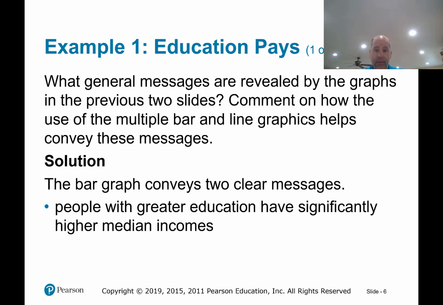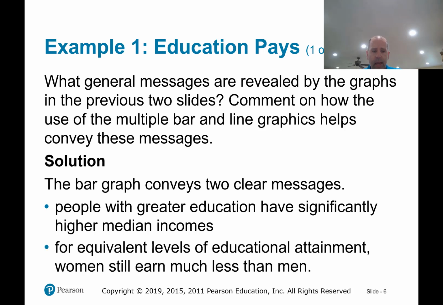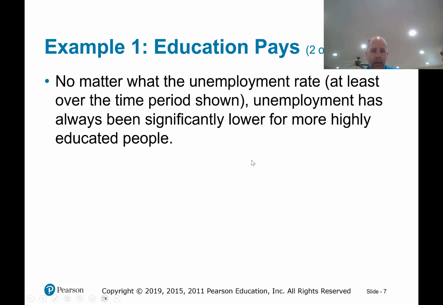That's definitely shown. And then for equivalent levels of educational attainment, women still earn much less than men. That's what we see too. The other part is, no matter what the unemployment rate is, at least over the time period, unemployment has always been significantly lower for more highly educated people.